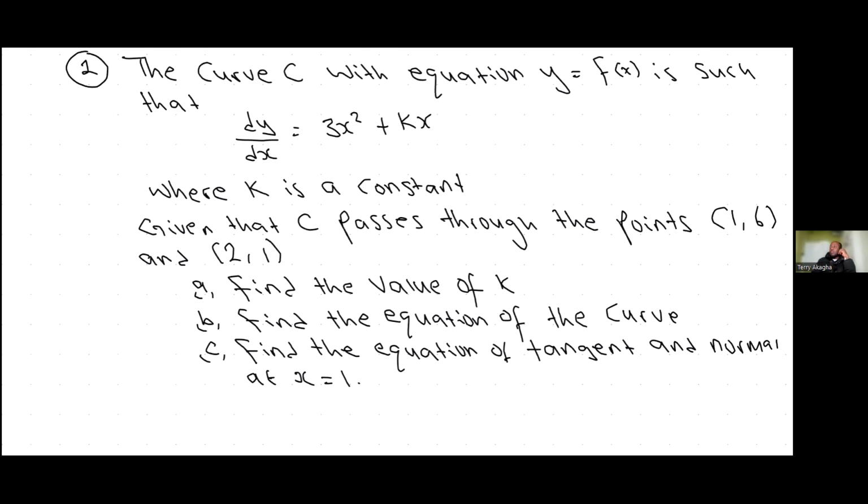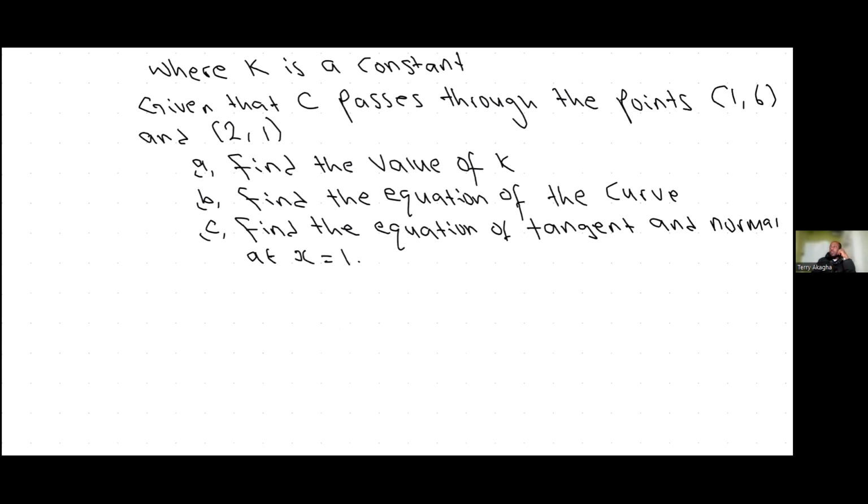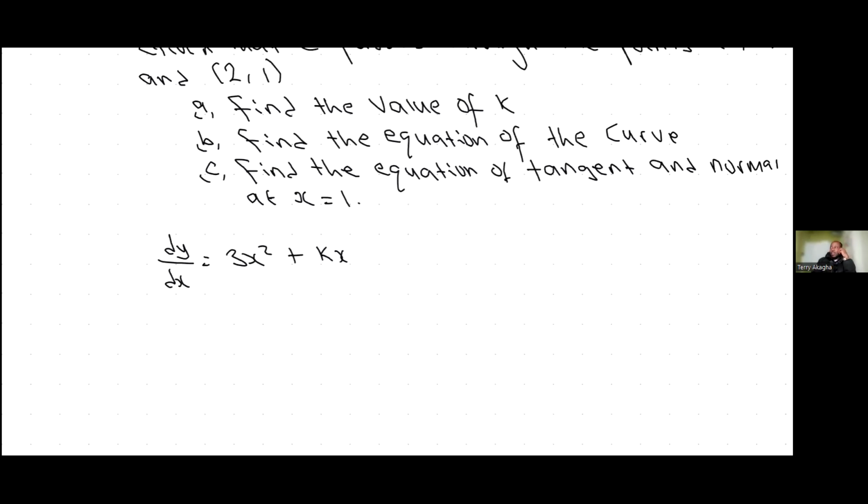So very easy. It means that the slope of the curve was equal to 3x squared plus kx, right? So that means we can then integrate this to get the original value of the curve C. So when we integrate this, y will be equal to, as usual, you bring out the constant, and you're now integrating x squared with respect to x.